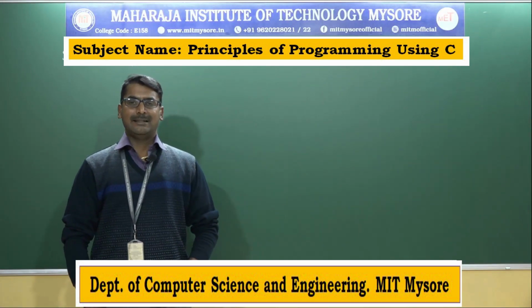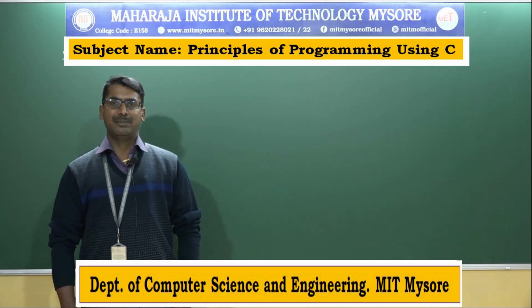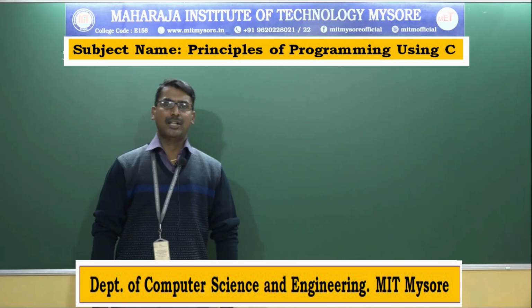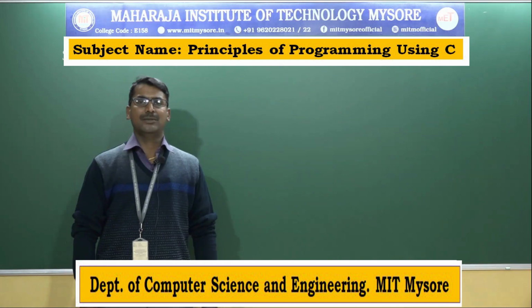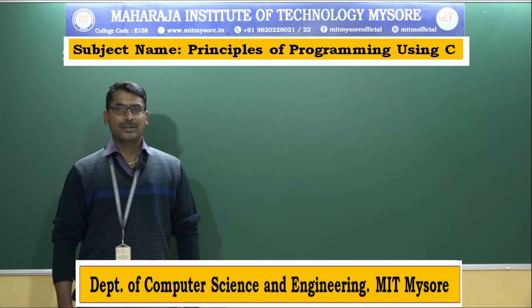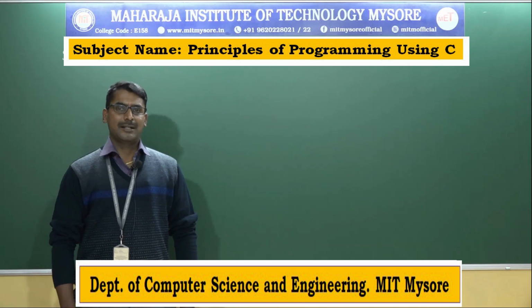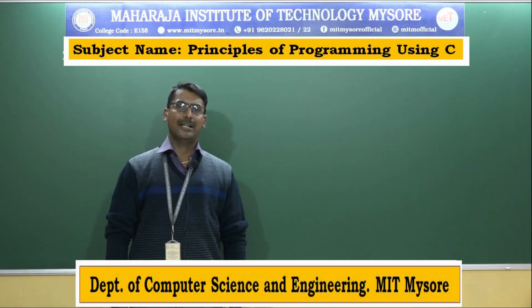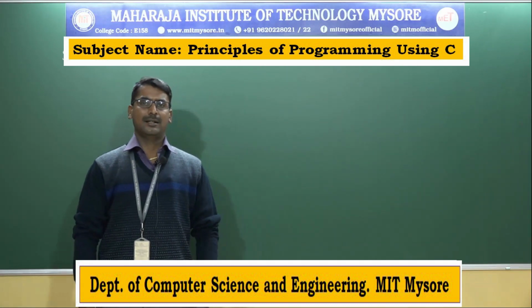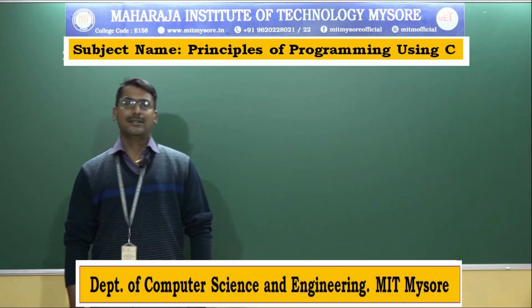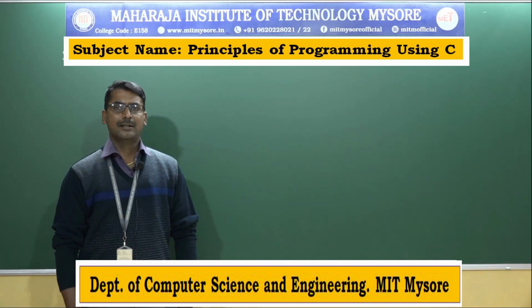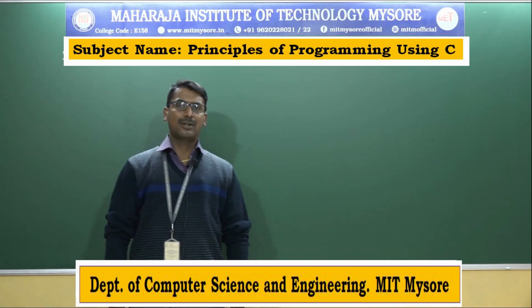Welcome, you all. In the last session, I explained the program for solving the quadratic equation using the else-if ladder. In the quadratic equation problem, there are three alternates: case 0, case 1, case 2. That is, the roots are real and equal, the roots are distinct, and the roots are complex.